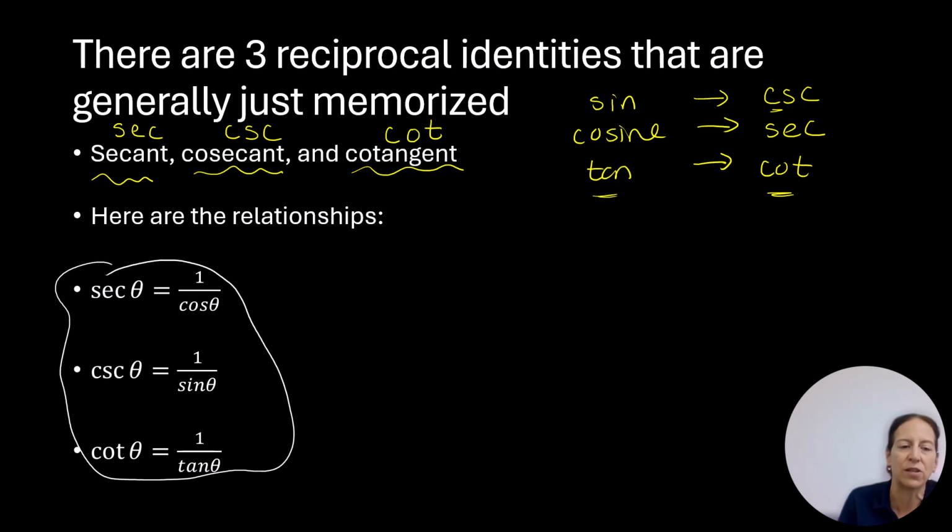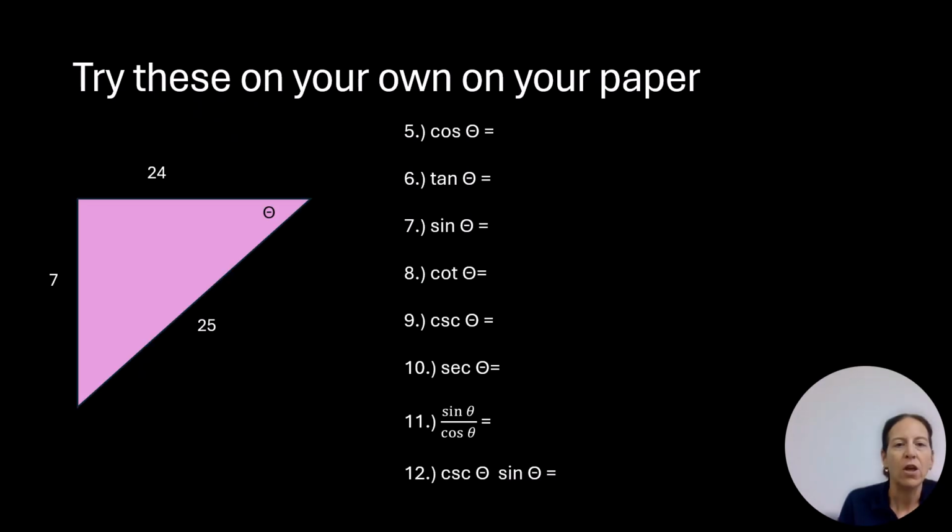But I'll see if there are some tools I can give you that might help you memorize those. So try these on your own paper. Some of these are going to be the same. I will go over a couple of these just to spot check, but pause the video and see if you can get these on your own.